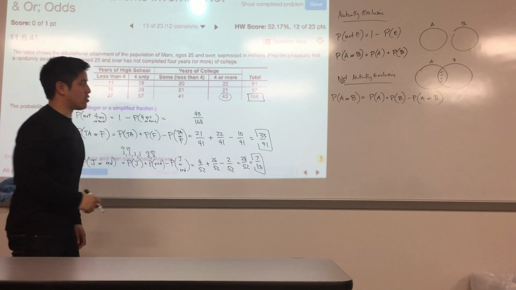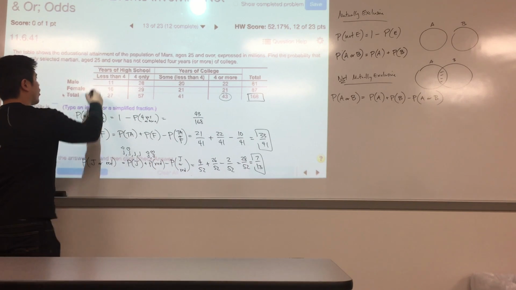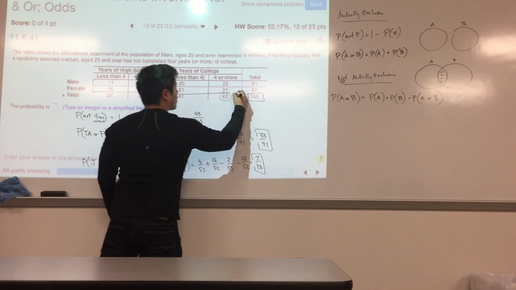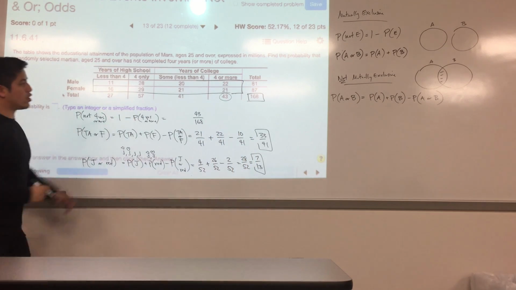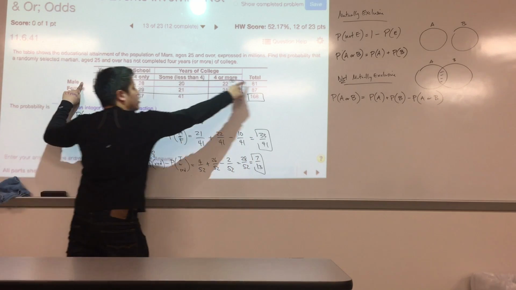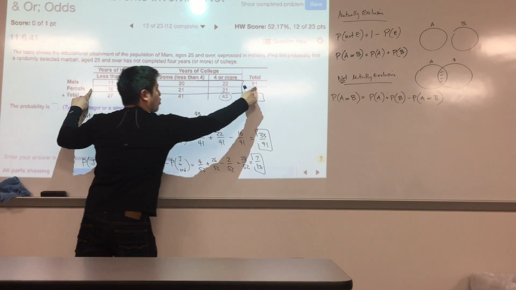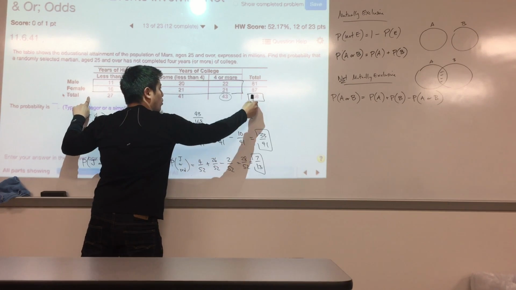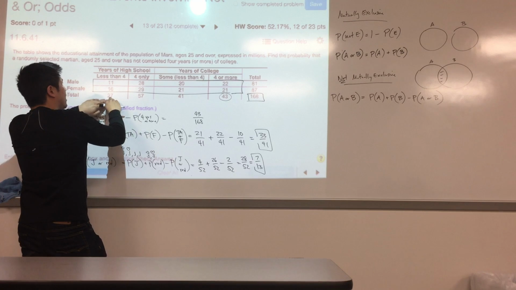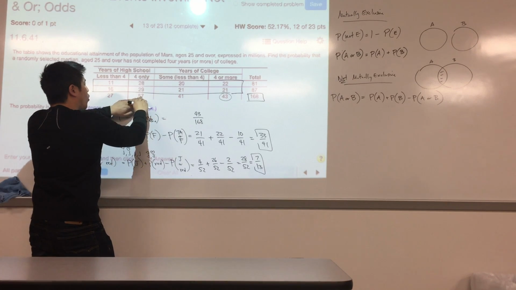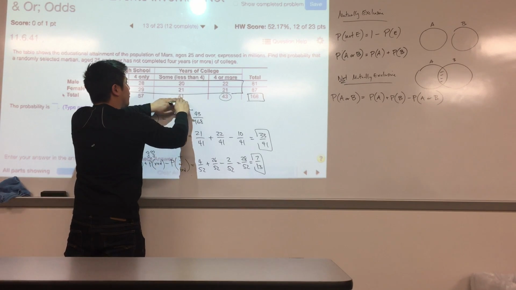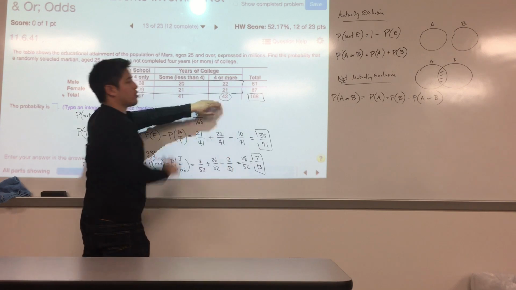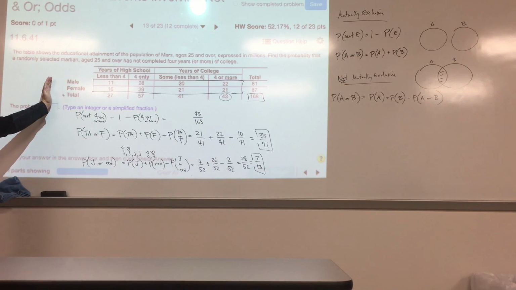That's your denominator, right? You can read your chart carefully. Those are your totals, right? These are the total males. This is the total for females. This is the total people. This is the total who had less than 4 years of high school, 4 years only of high school, less than 4 years of college, 4 or more years of college. That's how you read your chart, right?